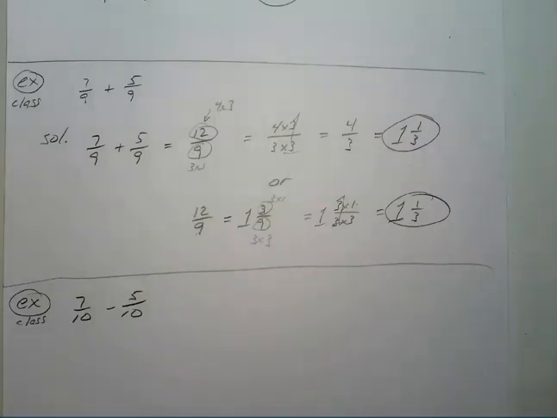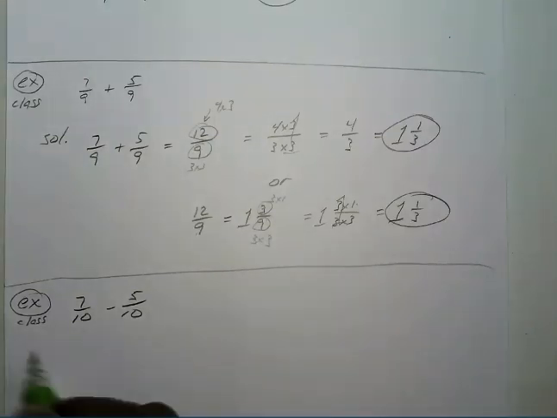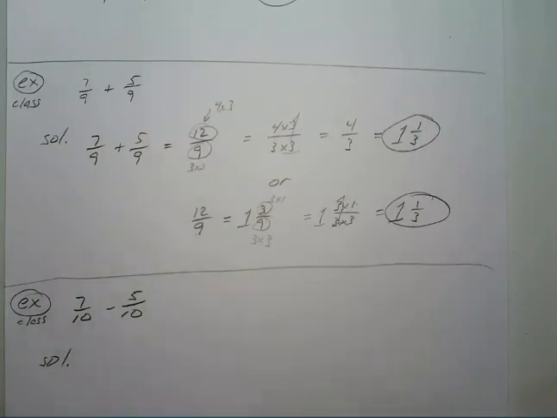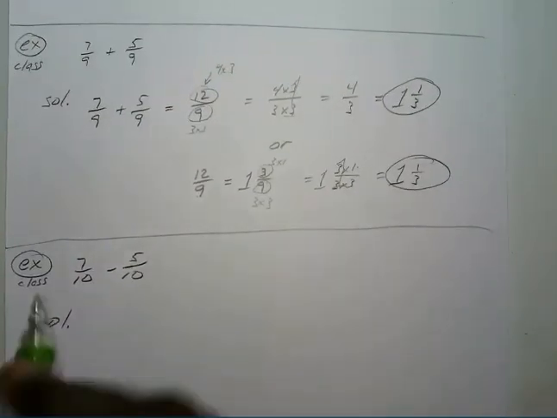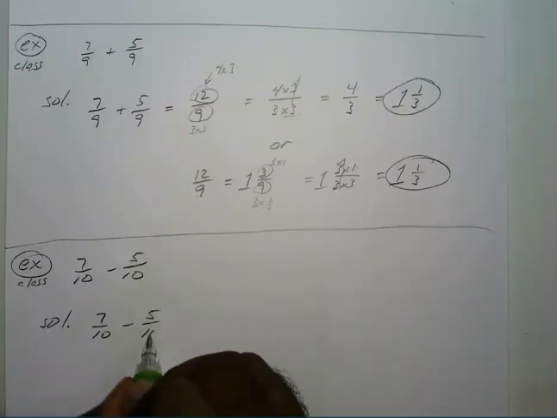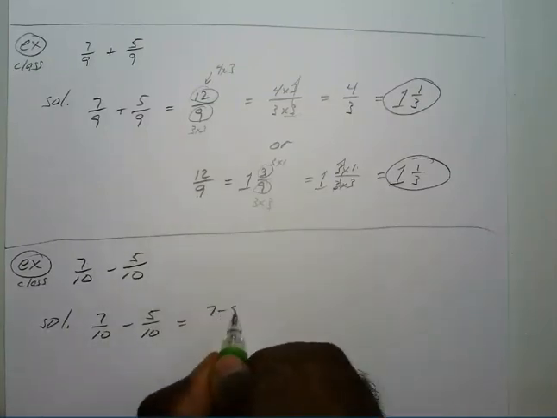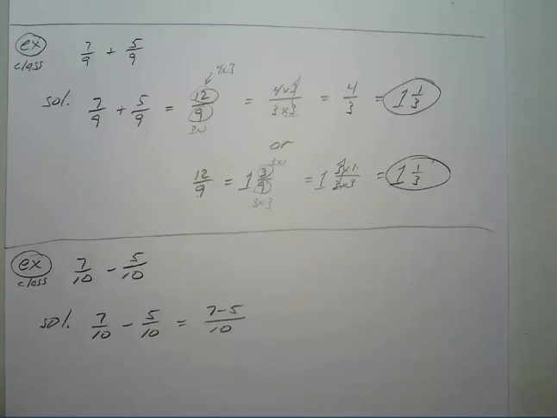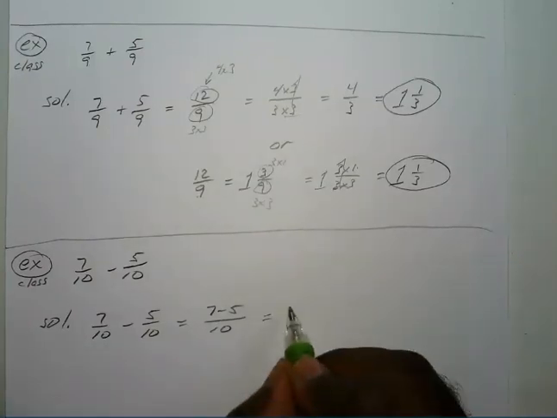All right, so I'm assuming you've pressed pause and you've worked this one out. So once again, let's go ahead and verify your answer. You have 7 over 10 minus 5 over 10, which is 7 minus 5 over 10, which is just 2/10.